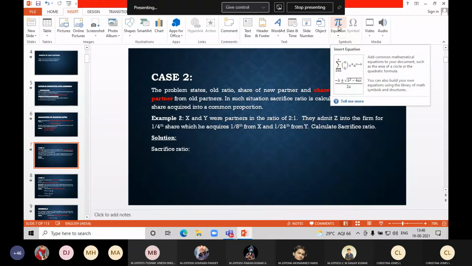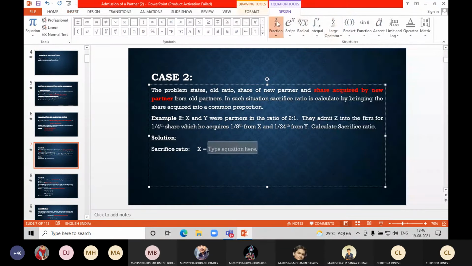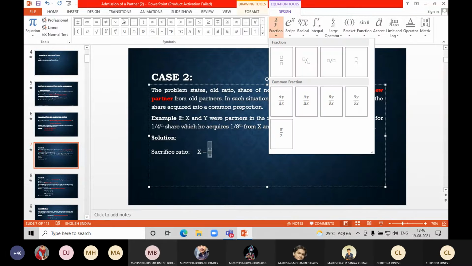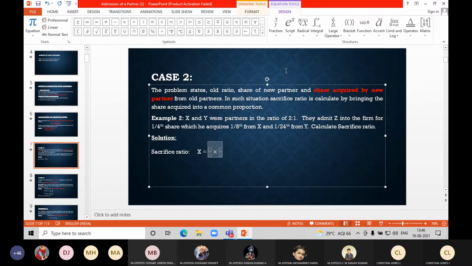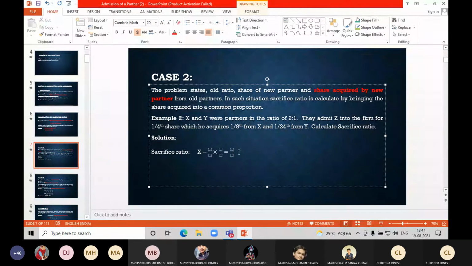So sacrifice ratio, first we'll start with X. X's sacrifice ratio will be, how much should X sacrifice? 1 by 8.